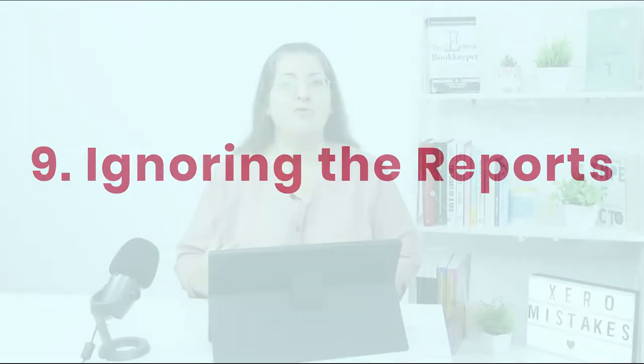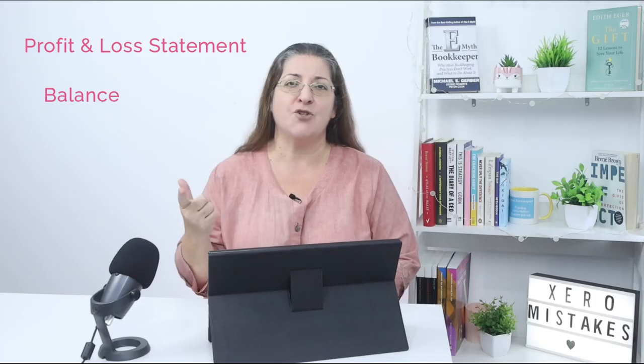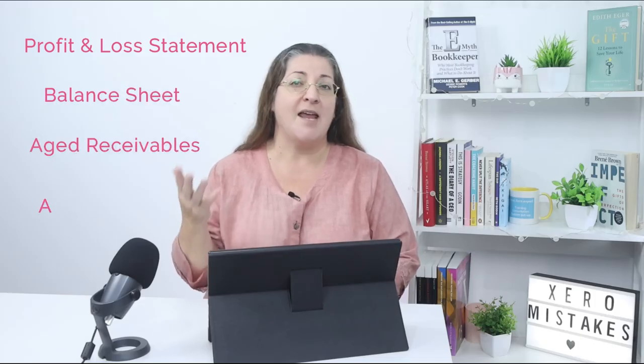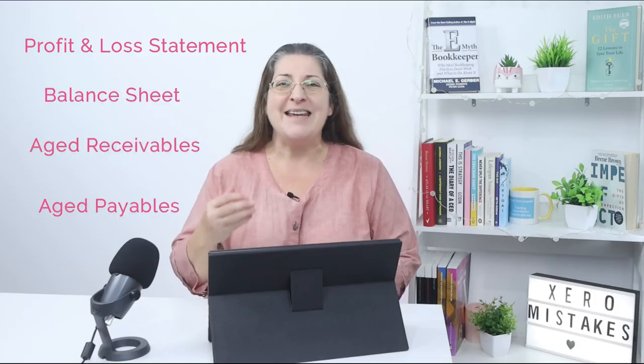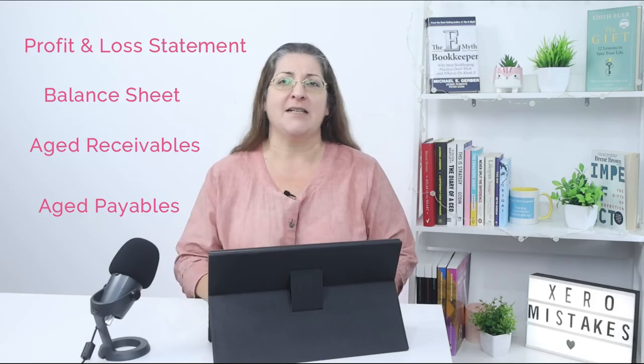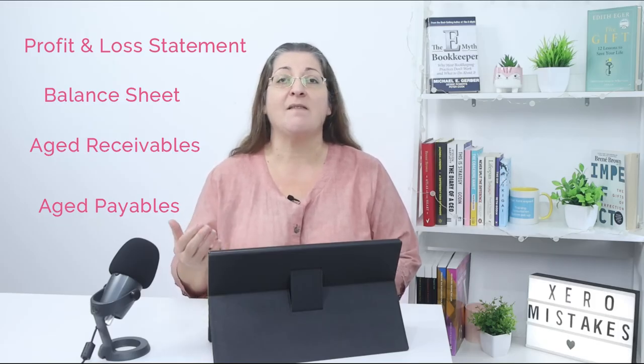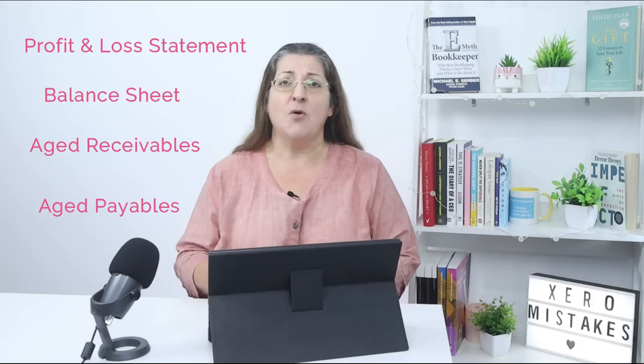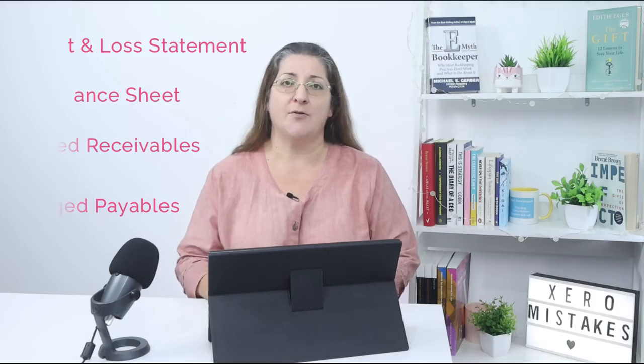And here comes the last but very crucial one: ignoring your reports. A lot of users are just entering the transactions and then they think they are done. But no, in reality, you need to look at your reports from time to time. Yes, the profit and loss statement, the balance sheet, the aged receivables, aged payables reports, they can really feel intimidating at first, but they help you understand your business, and they also help you spot the errors.